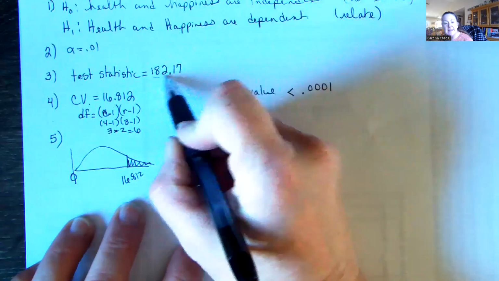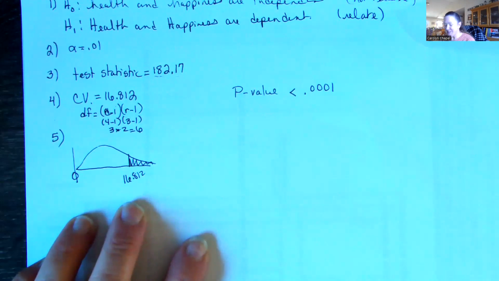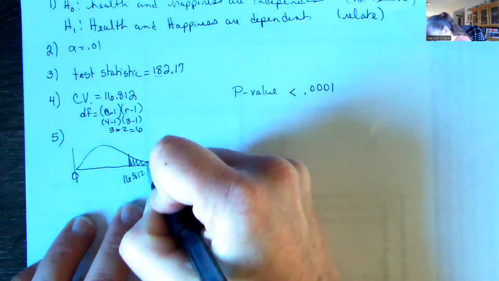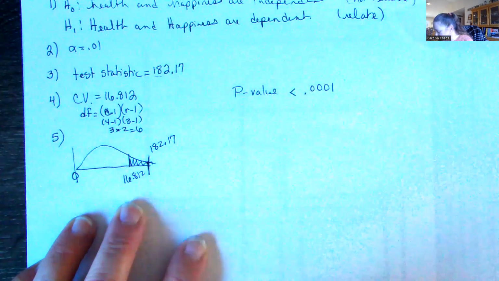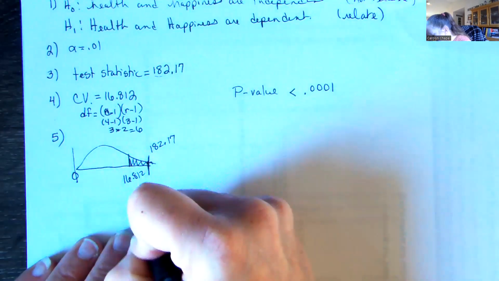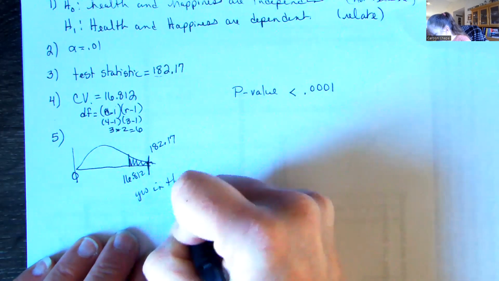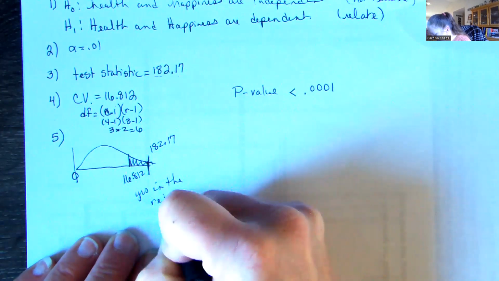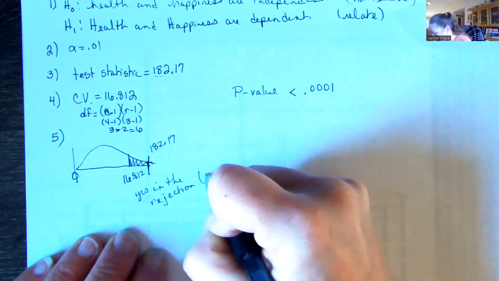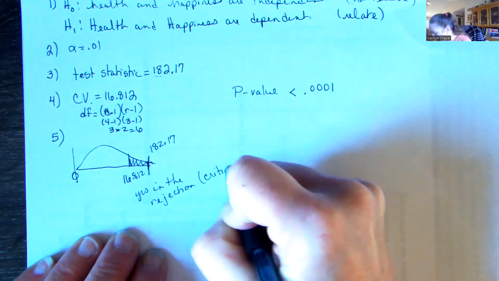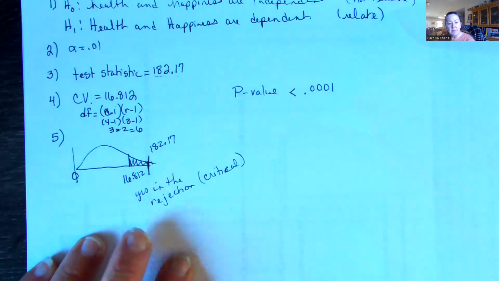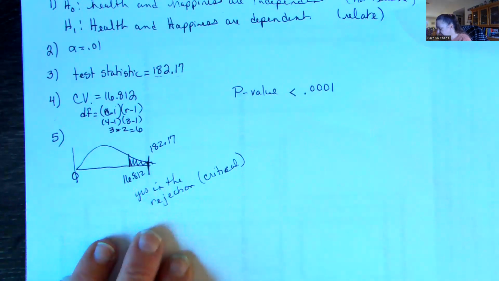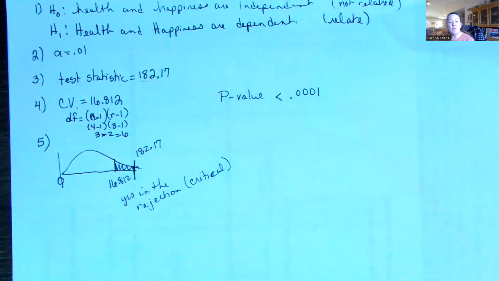We place that 182.17 in here, which is going to be somewhere here. So it is in the rejection or critical region, however you want to label it. I'm not sure everyone labels them that way. I usually do. Just helps me remember when I reject and not reject.